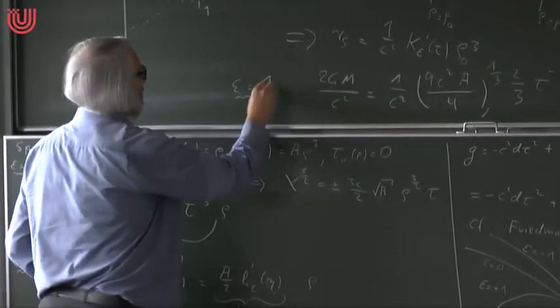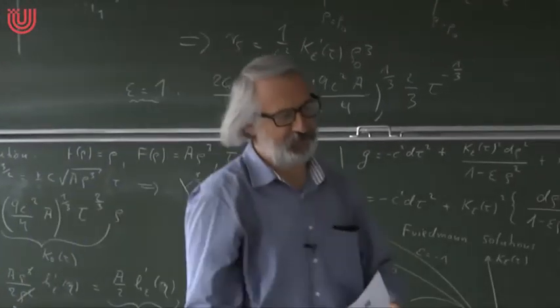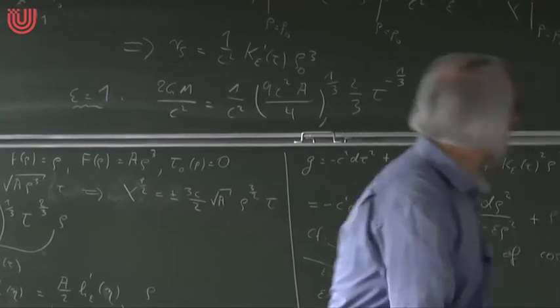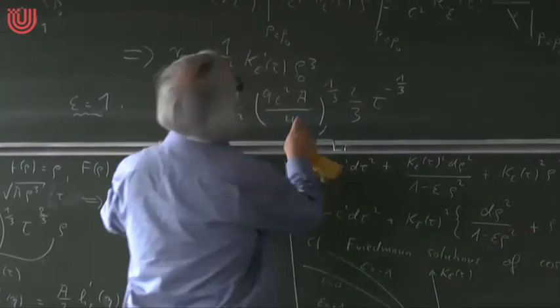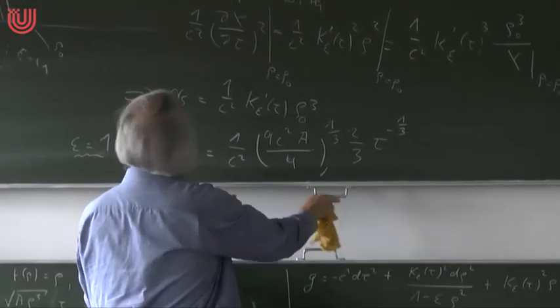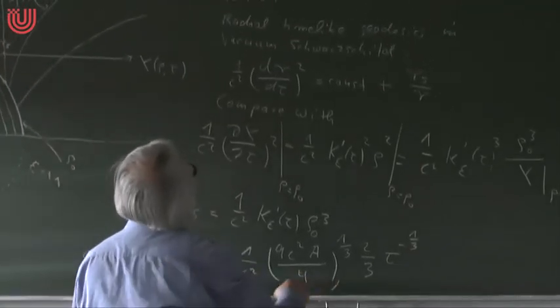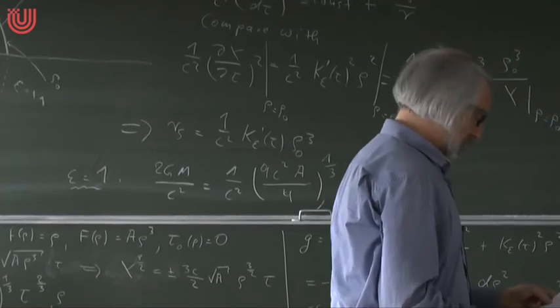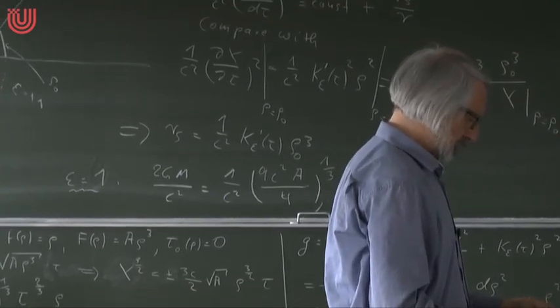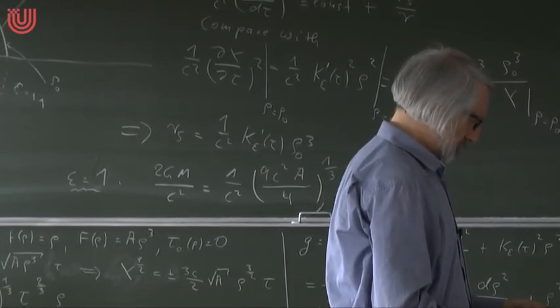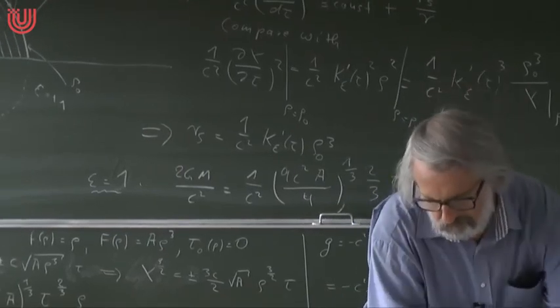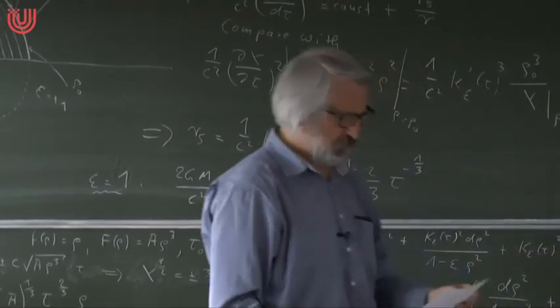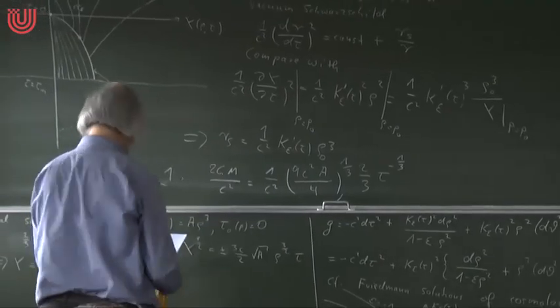That's the point. Yes, epsilon equal 1, of course, is the case we're interested in. Maybe I do this in a different way. Let me check. How did I do it here? It looks quite simple here. Why is it so simple?